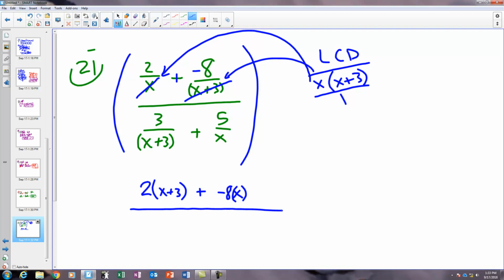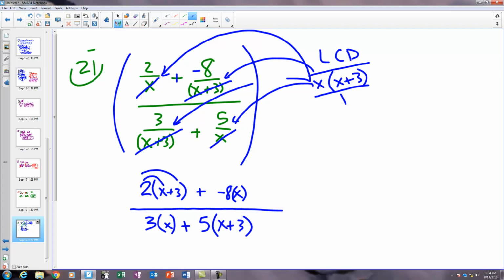Now what's nice about that is the fractions that were built inside the fraction are now simplified to a single line. As I go to the bottom, again the x plus 3 cancels, leaving me with 3 times just the x in the LCD. Plus 5, as I distribute here, the x cancels, and the 5 has to multiply by x plus 3.